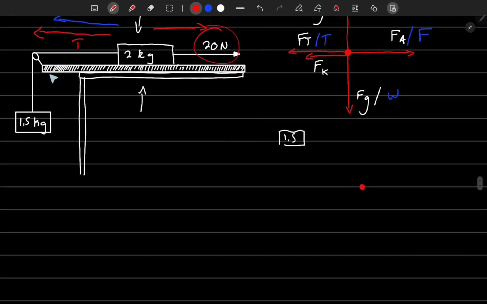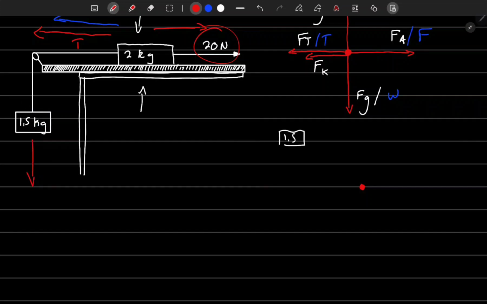Here this object is sitting in the middle of the air, so we cannot have a normal force, because there's nothing that is pushing on this object upwards. However, there is a force that is pulling this object downwards, right? And this force is facing downwards.